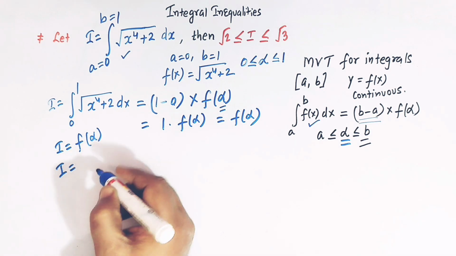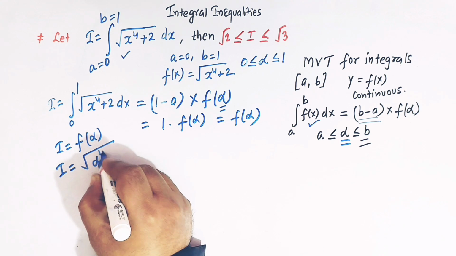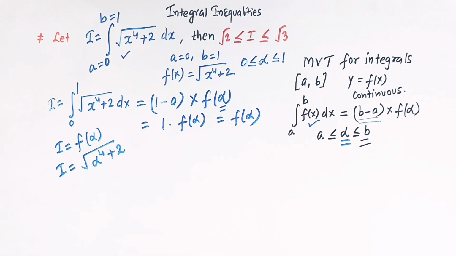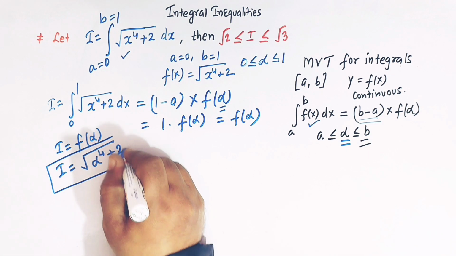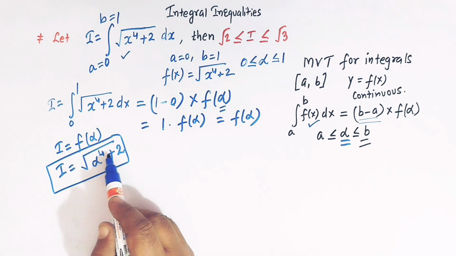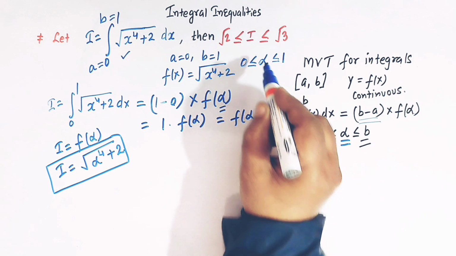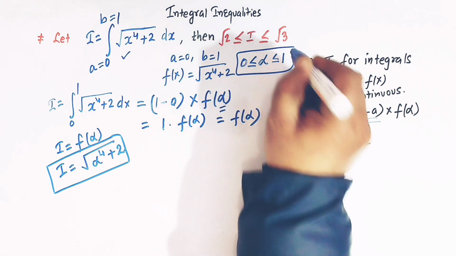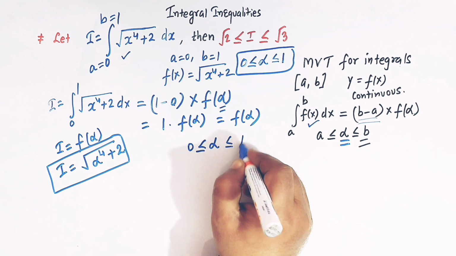So we have I is equal to square root of alpha raised to 4 plus 2. So now our I is equal to this quantity, that is square root of alpha raised to 4 plus 2, right? And now see here we have this inequality, that is alpha lies between 0 and 1.